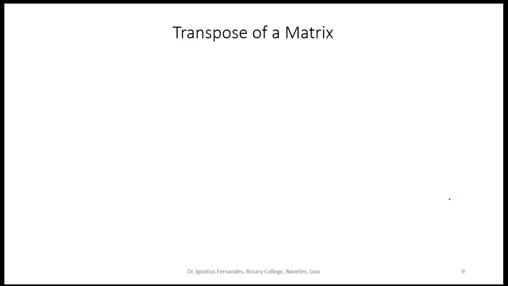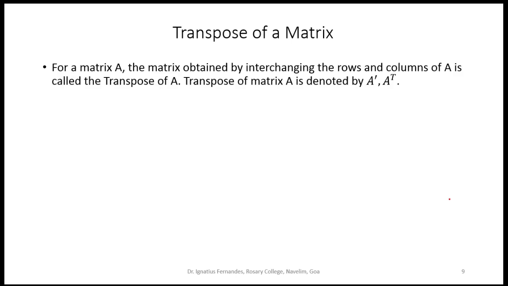Then we have something called the transpose of a matrix. For a matrix A, the matrix obtained by interchanging the rows and columns of A is called the transpose of A, and the transpose of A is denoted by A dash, A bar, or A with a subscript T. Suppose I have a matrix A like this. To find its transpose, A transpose, we have to interchange the rows and columns.